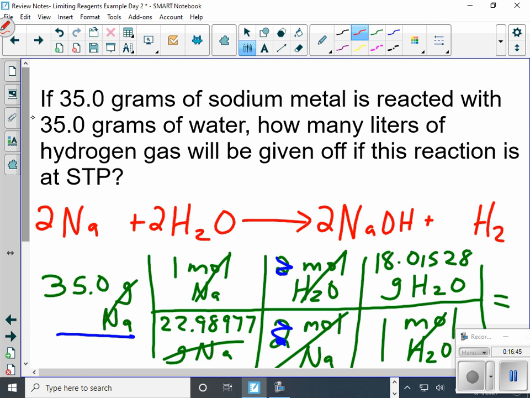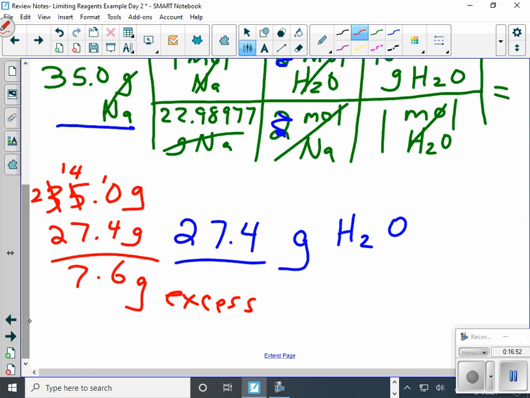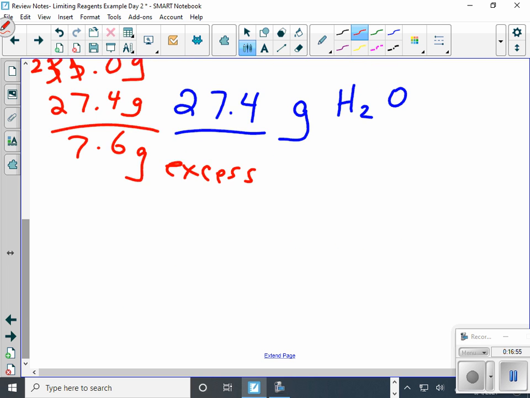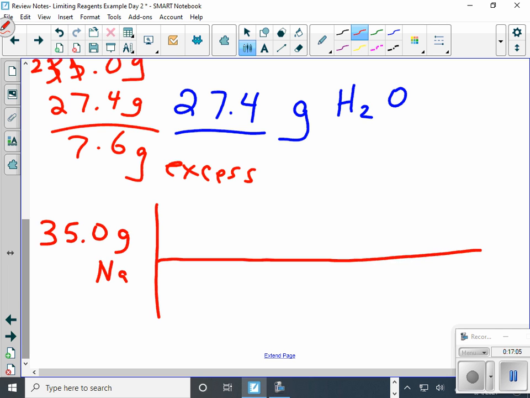Now, in my problem, I was asked how many liters of hydrogen gas at STP. So what I have to do now is take my limiting reagent, which was 35.0 grams of sodium, and do a mass to volume because I'm trying to figure out liters of hydrogen gas. So I have 22.98977 grams of sodium.